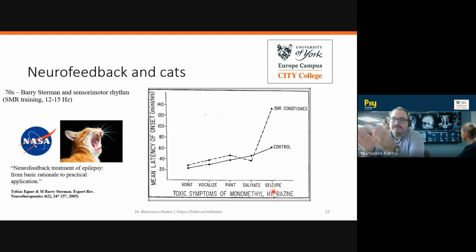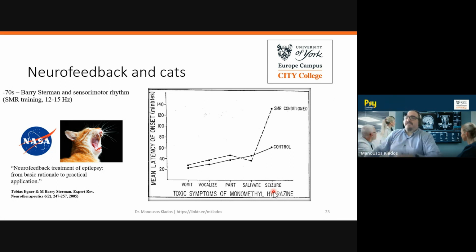However, at the same time, Barry Sterman made an experiment with some cats about neurofeedback. And one cat, by mistake, went to the spacecraft that had been in the SMR training group. SMR training is a protocol of neurofeedback. And when they came back, they noticed that only that cat didn't have any seizure. And then they found out what happened.